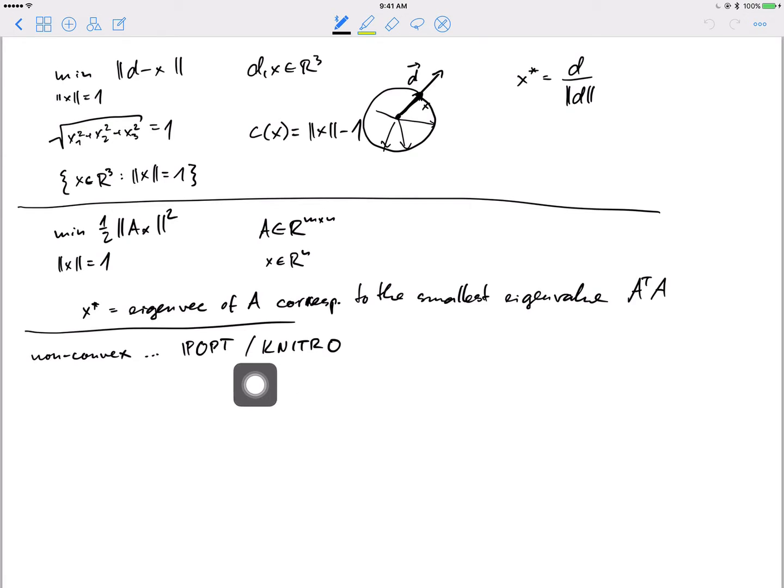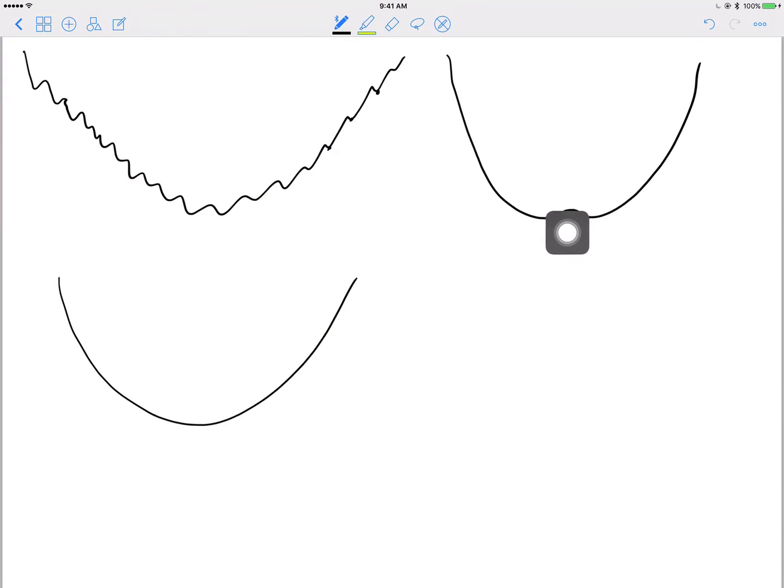But if this is the best you can do, then you can just use some of these solvers and see how that goes. Now, for special cases of problems, not all non-convex problems are equal, right? We have seen some non-convex problems like these, which can be solved very well in polynomial time. Then there are some non-convex problems which are not so hard to solve, like the typical implicit integrator updates. And there are some non-convex problems which can be NP hard.